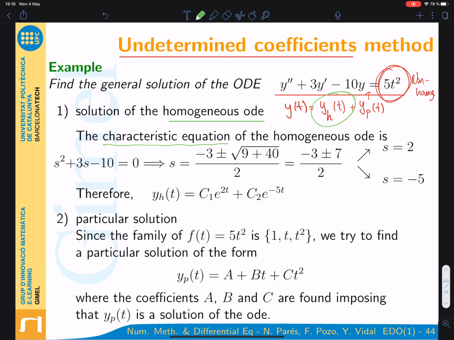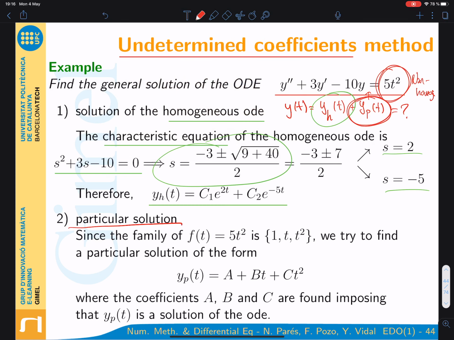We will just write down the characteristic equation, which is this one here, solve it, and find the values of s that allow us to find the general solution of the homogeneous associated ODE. Now, how do we find the particular solution?